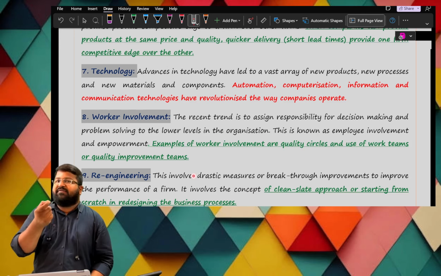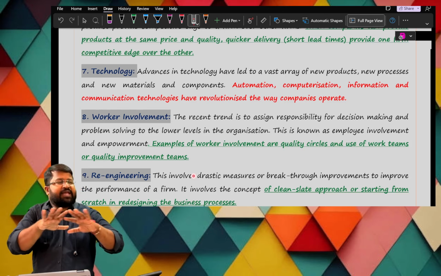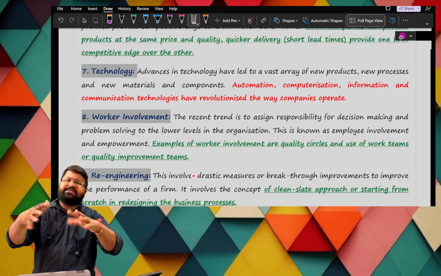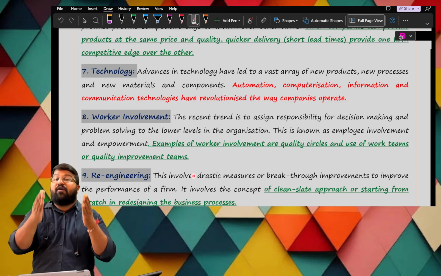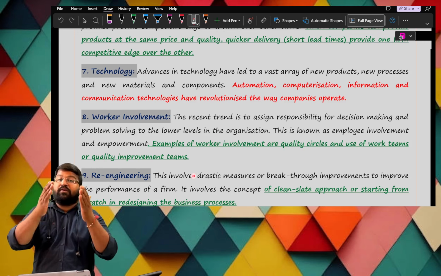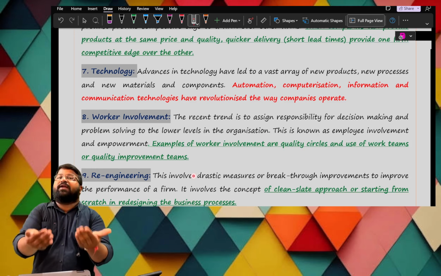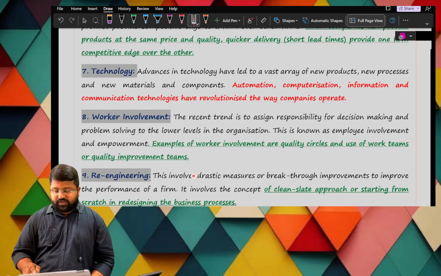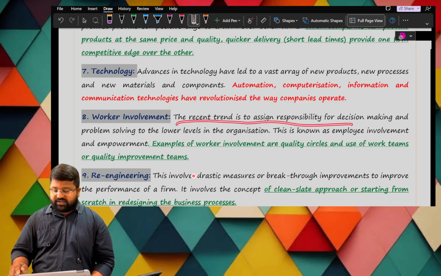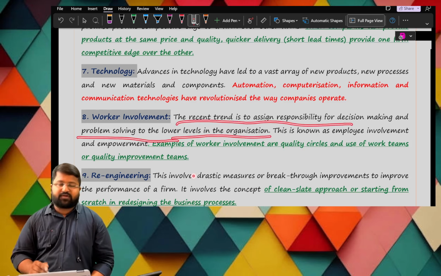If an employee is satisfied, he will feel very happy. He will think of the company as his home and take everything in a responsible manner. So now we are making the worker involved in everything. In recent times, responsibility for decision making and problem solving is assigned at lower levels of organizations.